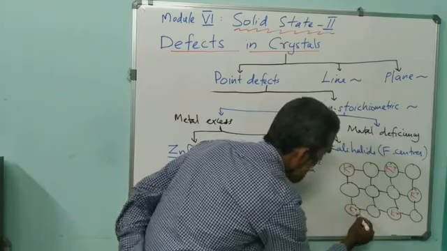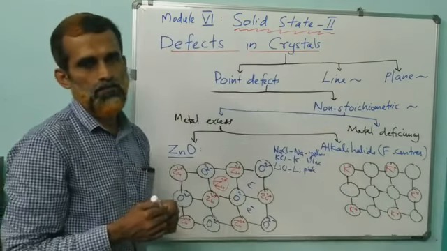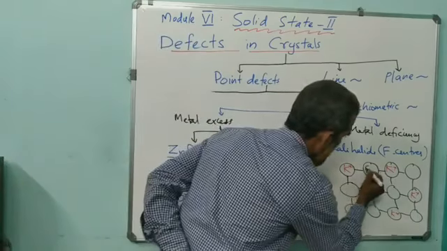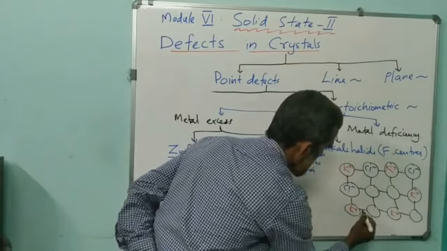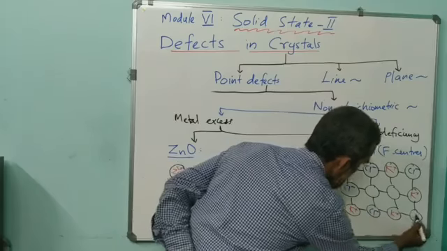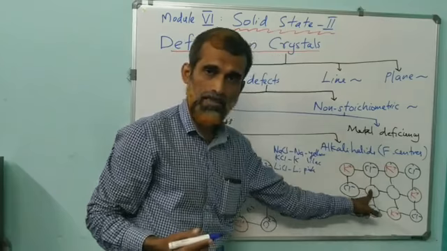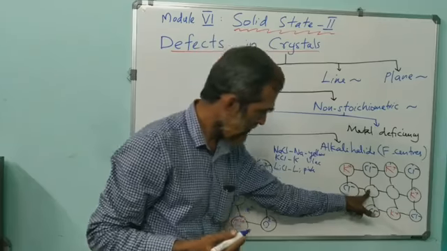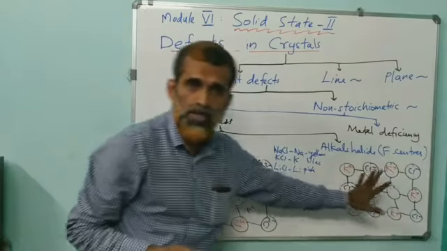I am deliberately showing one anion and one cation vacancy. So this is Cl-. This point is a cation vacancy, K+ is not seen. This is an anion vacancy, because we are showing a Schottky defect.